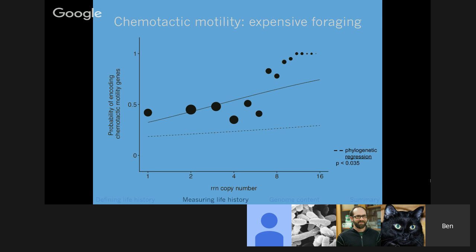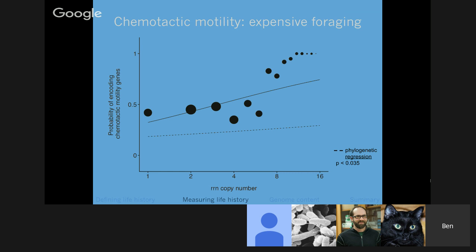Any given genome would be a 1 or a 0, indicating the presence or absence of chemotactic motility genes, and the ultimate ratio of organisms, or the probability of organisms in that category, is plotted on this graph for ease. So we fit the logistic regression to the underlying binary variables of yes or no for chemotactic motility.